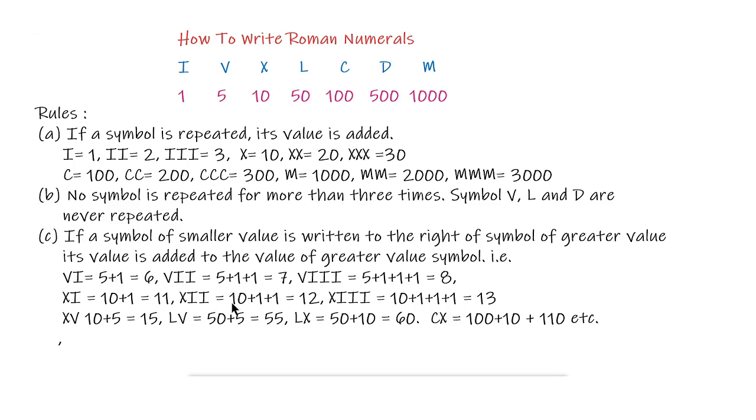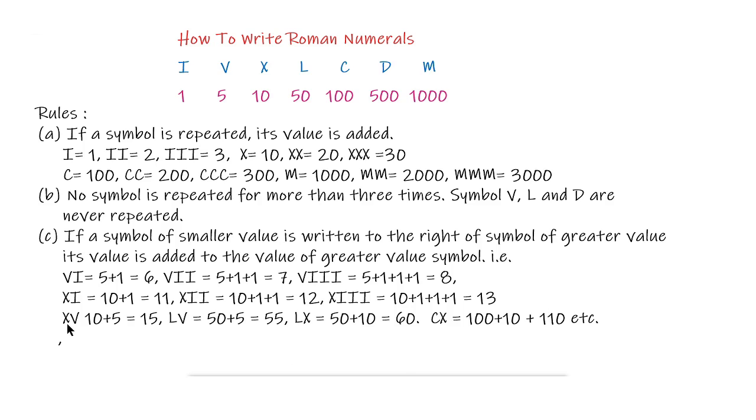XII equal to 10 plus 1 plus 1 equal to 12. XIII, I is written for 3 times after X, so its value is added. This gives us 10 plus 1 plus 1 plus 1 equal to 13.